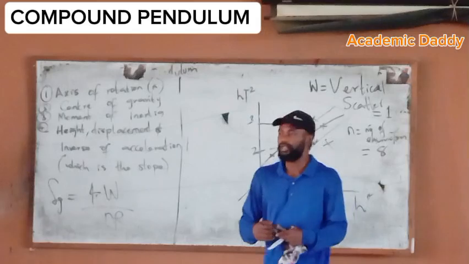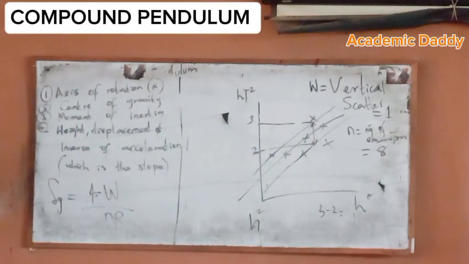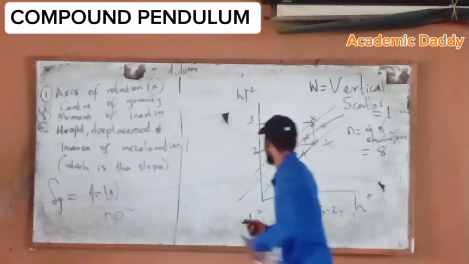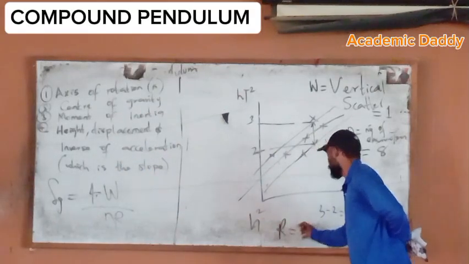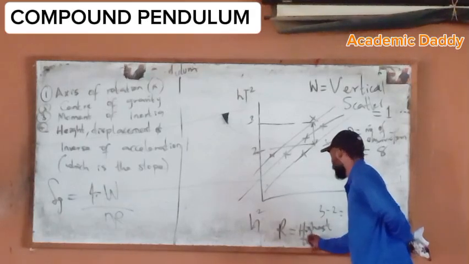Check those readings that you use for your graph. On your own head square, what is the highest value? Maybe for some people it might be 0.09. Whatever highest value you have here, then check the lowest value, whatever it is minus 6. So that becomes your R. So R is the highest horizontal value.